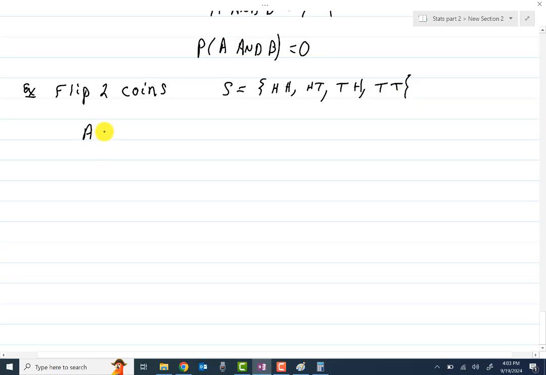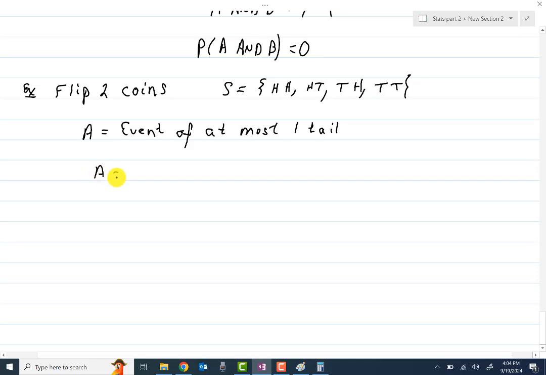Let A equal the event of at most 1 tail. So at most means less than or equal to. So A is the event of having 1 or 0 tails.